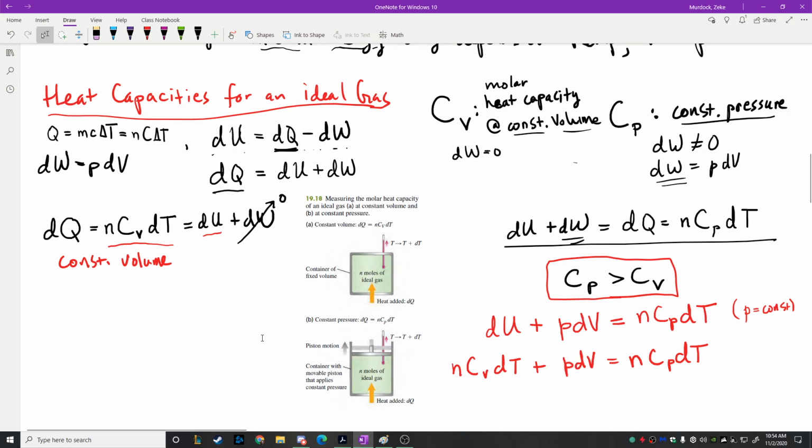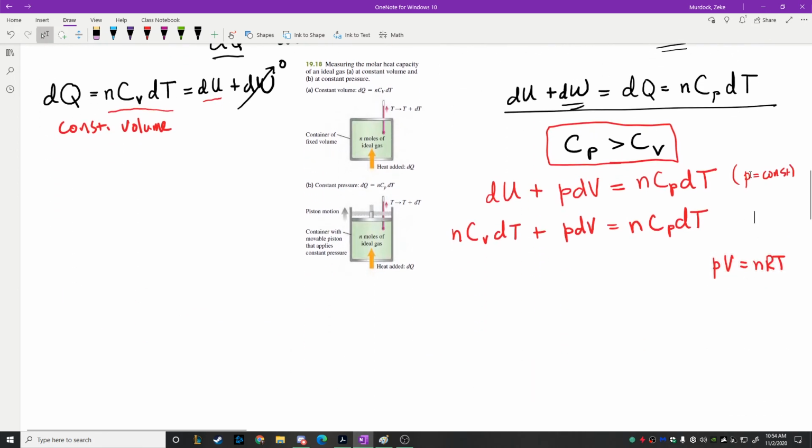Yeah. So the ideal gas law tells us that PV is equal to nRT. Sorry, this looks confusing because I'm mixing these together. Let's just come over here and kind of go down. Pressure's constant, right?